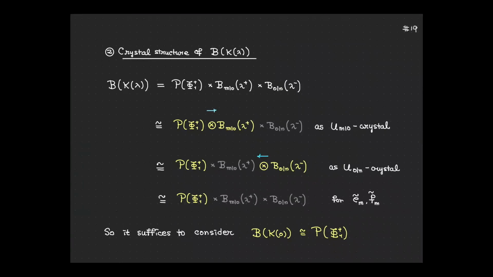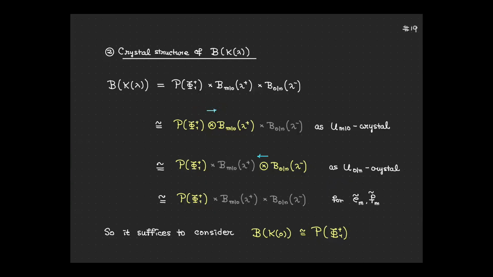Let me also give a remark on the crystal structure of this Cass module, which is needed in tomorrow's talk. Our B(K, λ) is the product of these three sets. Now consider the crystal operators. If the crystal operator comes from U_{m|0}, then only the first two factors are involved, and as a U_{m|0} crystal, B(K, λ) is just the tensor product of the first two factors, with the tensor product order from left to right.